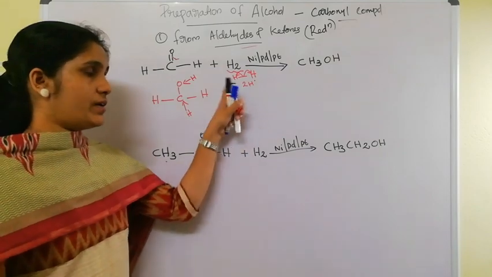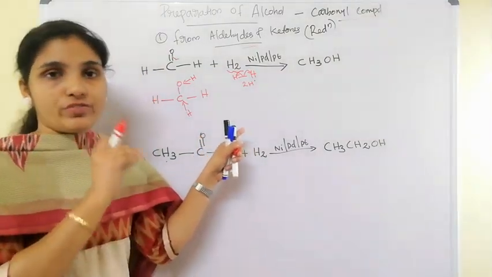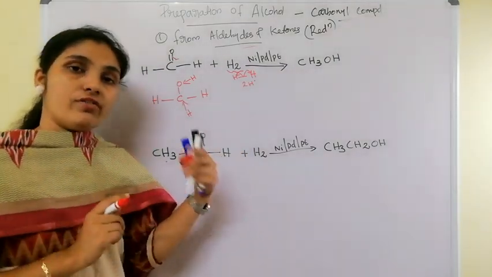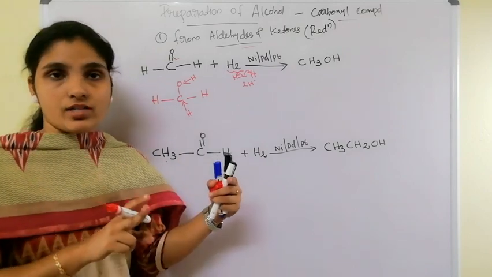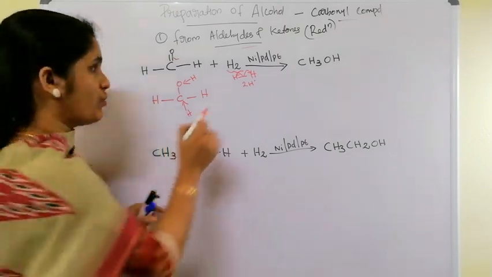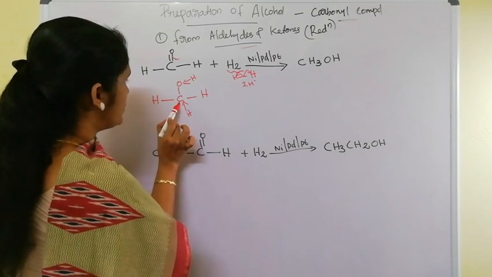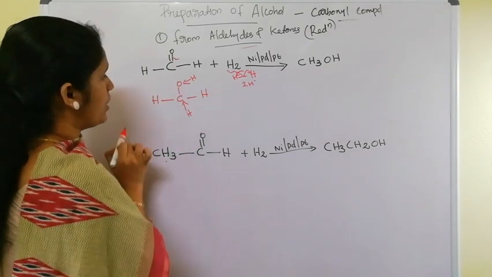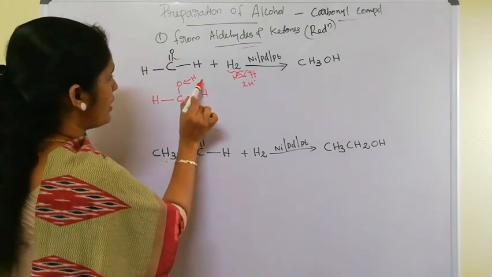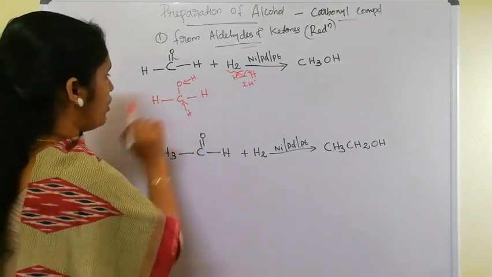By the homolytic cleavage of this hydrogen molecule we get two hydrogen atoms, and one of them goes to this carbon and the other hydrogen goes to the oxygen.